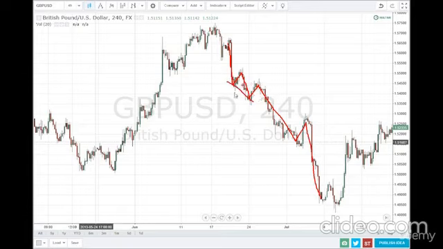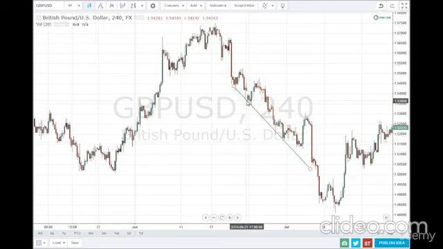If we were to join these two lows, we could create a channel downtrend. I've joined these two lows with a trend line, and you'll notice that price also bounces off this line at a future time. If we were to duplicate this line and use it as a potential resistance, we would create a channel.